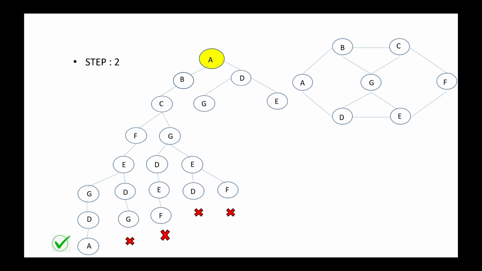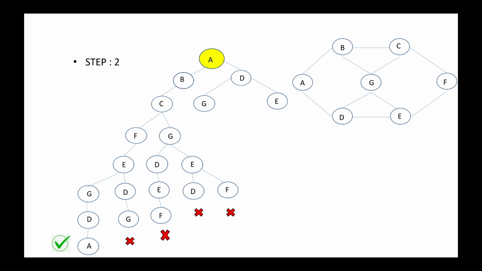Let us check for the another vertex of E, which is D. For D, there are three adjacent vertices. One is A and G and E. For D, A and E are visited, so we didn't write.